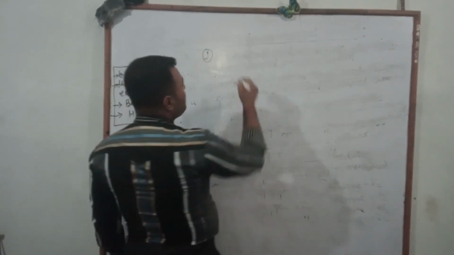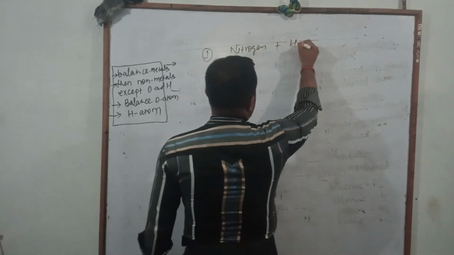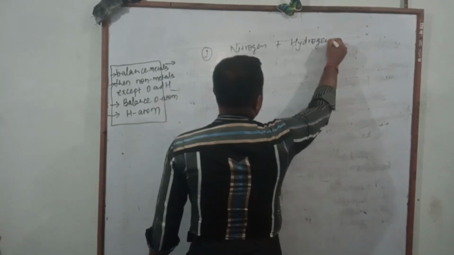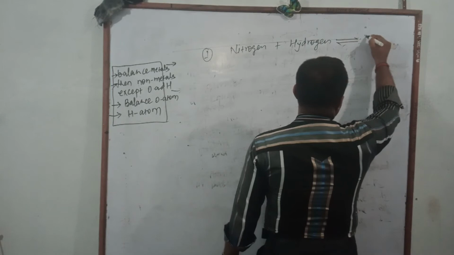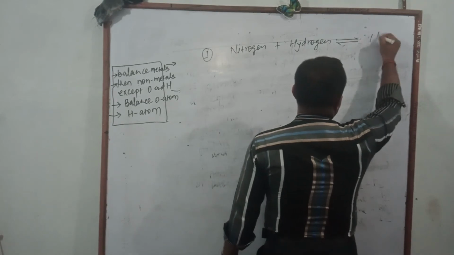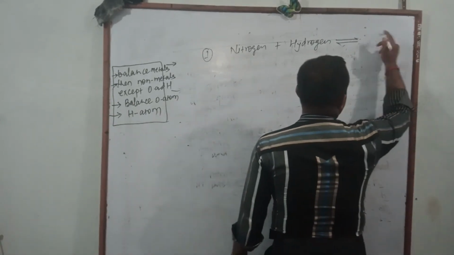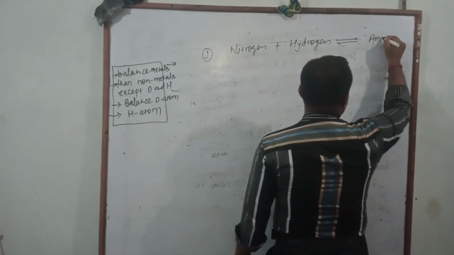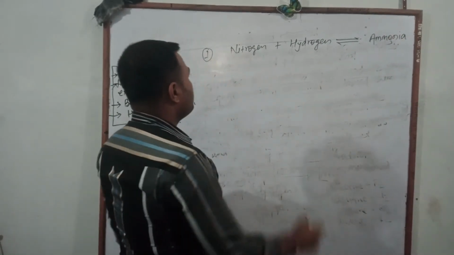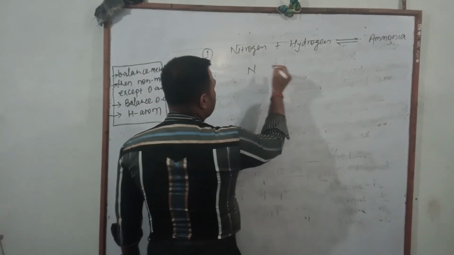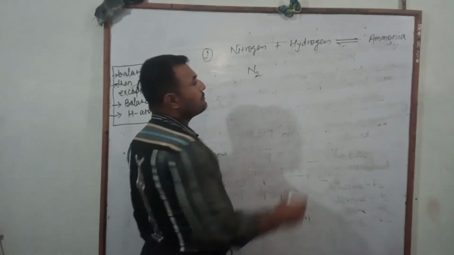The given word equation is nitrogen plus hydrogen. When nitrogen and hydrogen combine, it gives ammonia, NH3. Or simply in words, ammonia is formed. Nitrogen is represented by N, and it is a diatomic elemental gas, therefore we write 2.